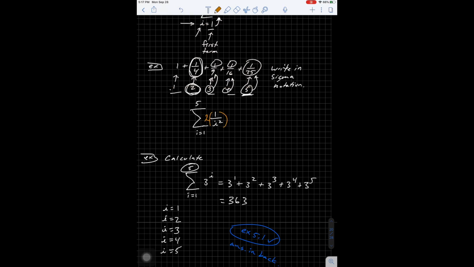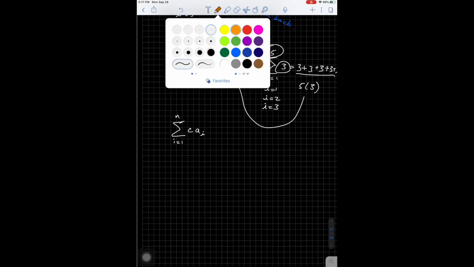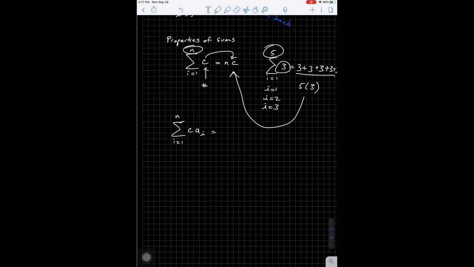The property says that I can take that number, whatever it is, and pull it out of the sum and just multiply it by at the end. So I only have to worry about the little formula in here, plugging that out. I can pull constants out in front. Much like derivatives and antiderivatives, the constants come along for the ride.